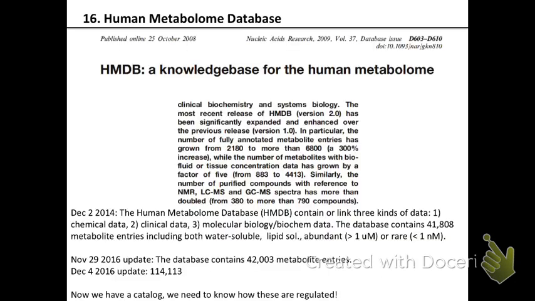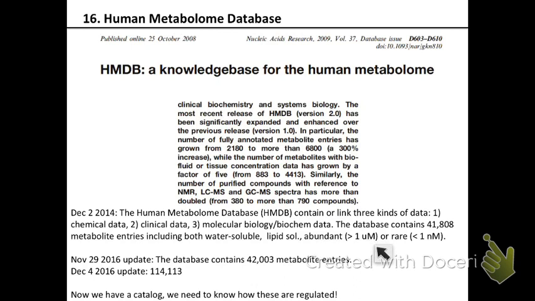All right, so what do we do with this knowledge? The Human Metabolome Database was created in 2008. It contains three types of data: chemical, clinical, and molecular biology and biochemistry data of about 41,000 metabolite entries, including water-soluble, lipid-soluble, abundant, or rare metabolites.